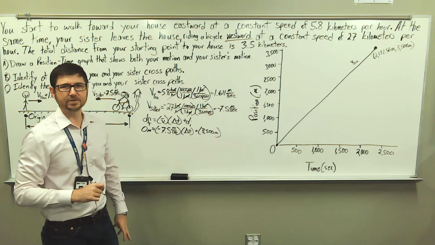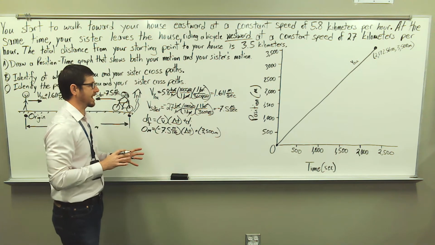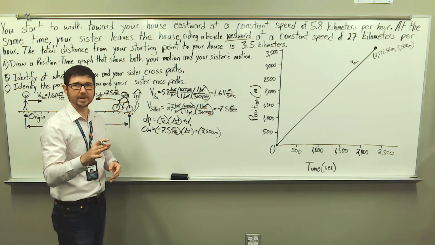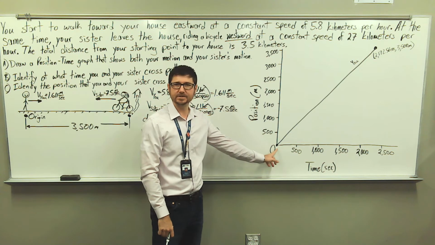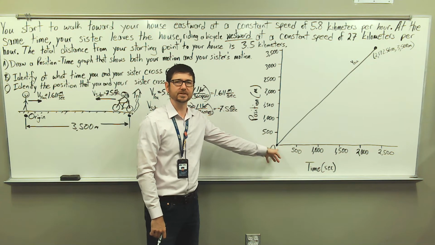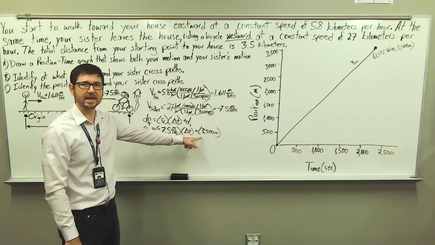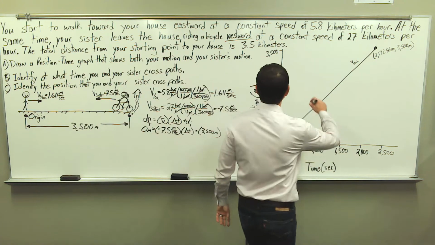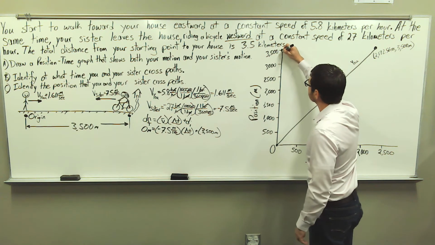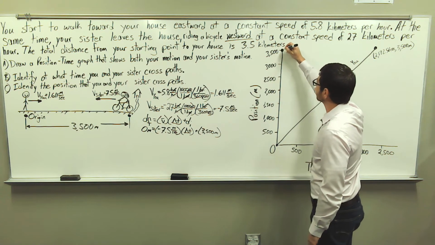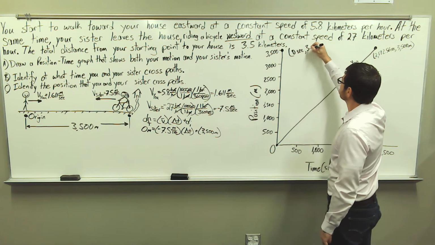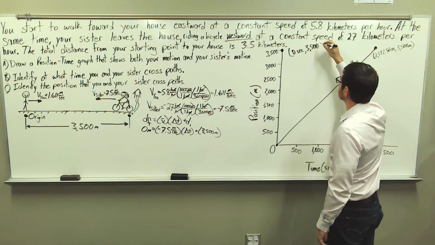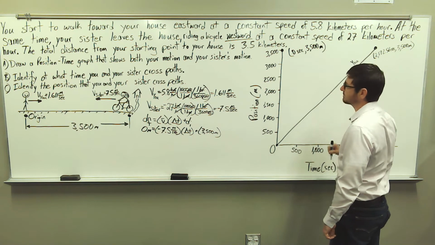So what I want to do right now is just graph the initial ordered pair for your sister. At a time of 0 seconds, what is her position? Well, you've identified that right here. It's 3,500 meters. So I'm going to place an ordered pair here. At a time of 0 seconds, your sister is at a position of 3,500 meters.